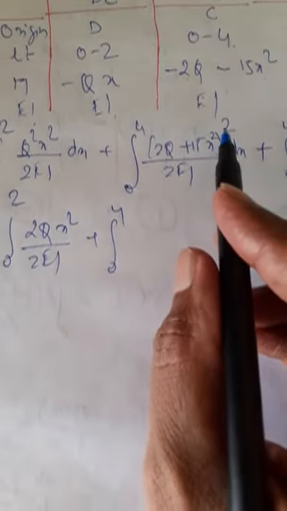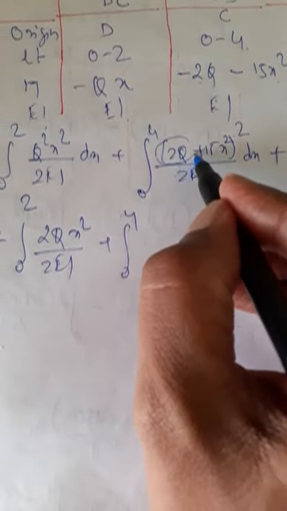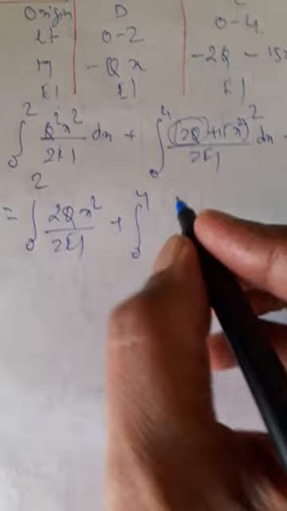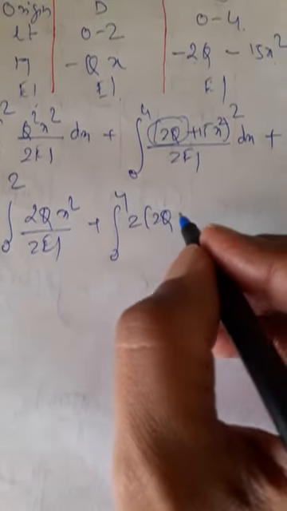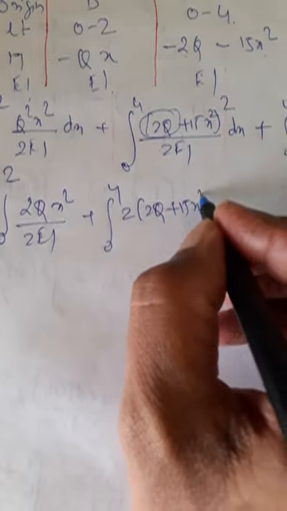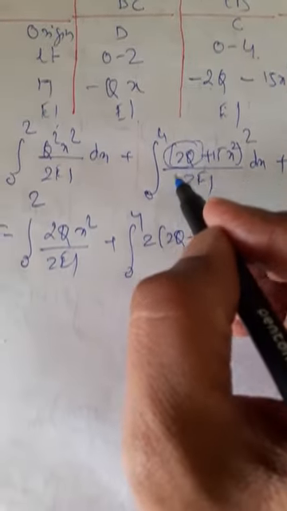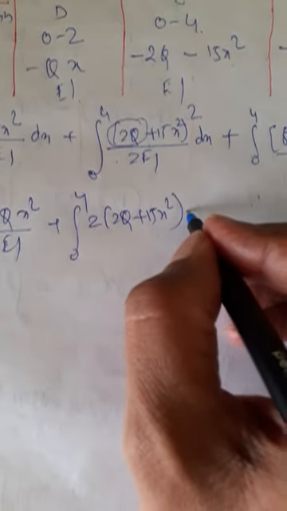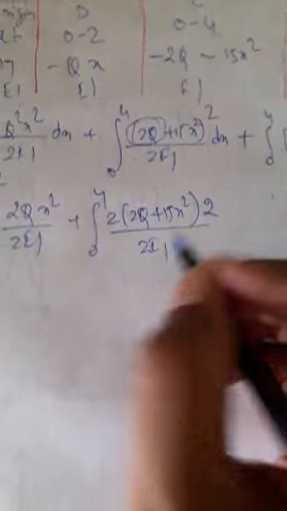For this term, 2 into the bracket as it is, 2Q plus 15x square, then differentiation of 2Q with respect to Q gives 2, divided by 2EI dx.